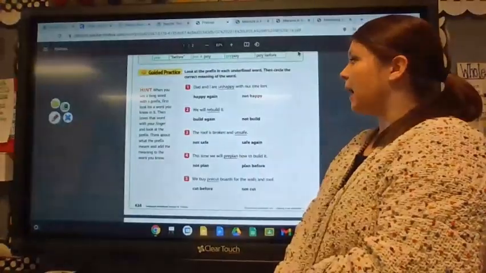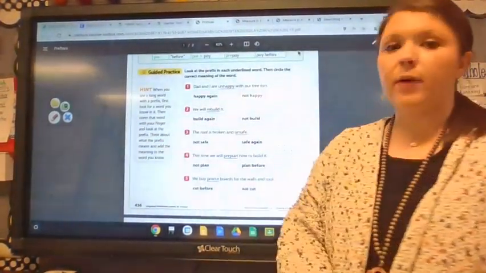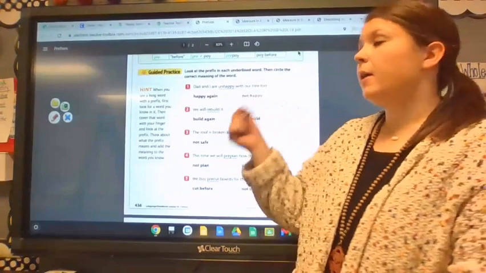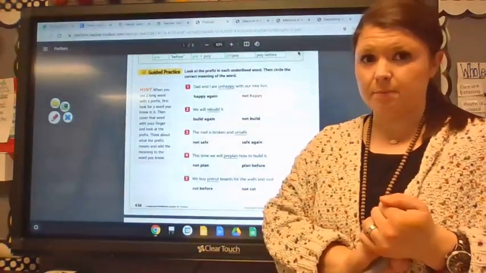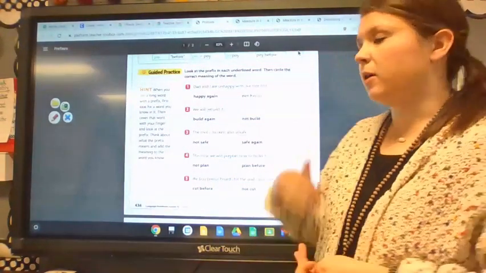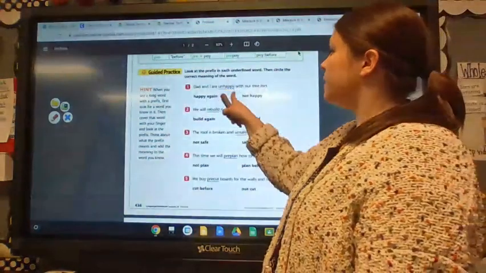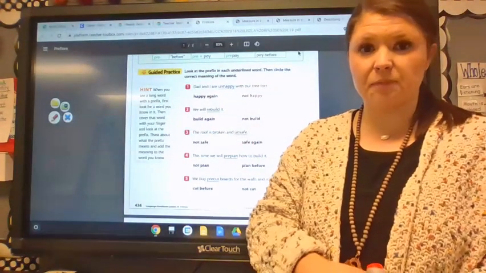It says, Dad and I are unhappy with our tree fort. The hint tells us that if we have a long word with a prefix, we can look at the word that we know inside and cover up the prefix with our finger. Once we figure out the word that we know, then we can add the prefix back on. So we're going to do that. So in this underlined word, unhappy, what part of the word do you know?